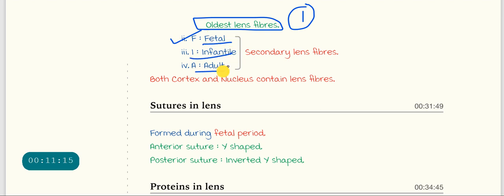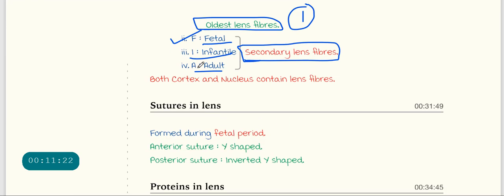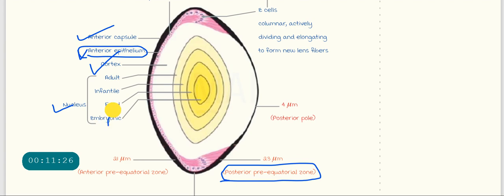These are the secondary lens fibers. So what is the mnemonic? EFIA, in this sequence: embryonic first, then fetal, then infant, and the adult zone. In such a manner the nucleus of the lens is growing.